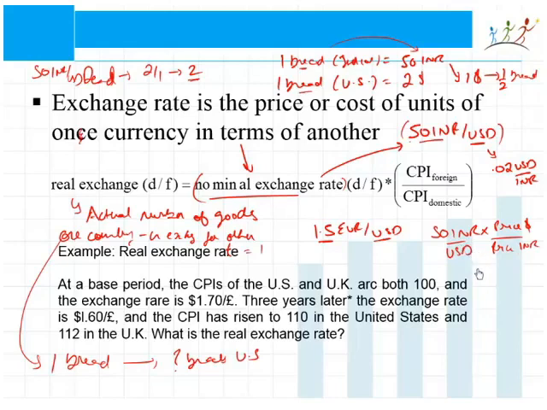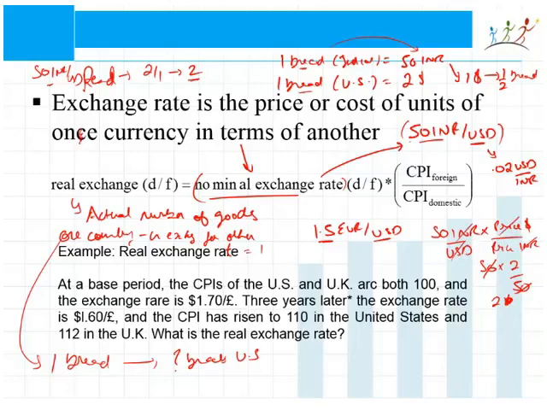So in this case, 50 INR per USD was the nominal rate that we wanted to convert into a real rate. The price in USD is $2 and the price in INR is 50, which will give us the exchange rate as 2:1. Please note the quantity is now unitless.